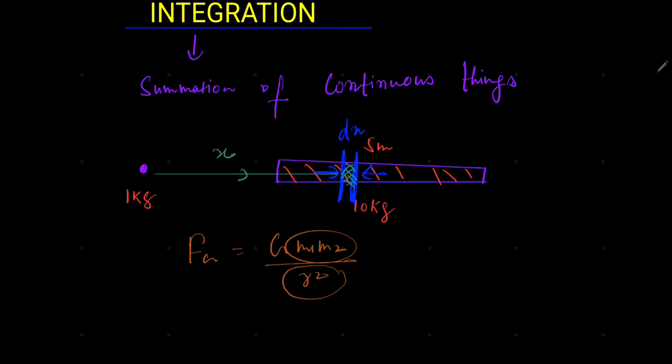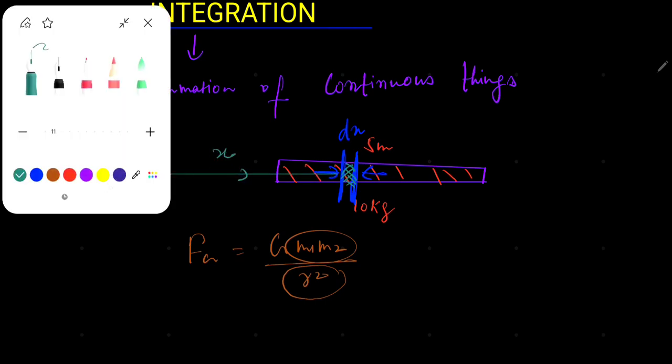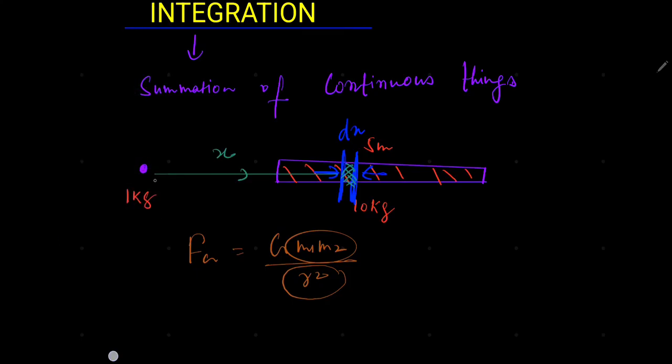So then you can confidently say that between the 1 kg mass and this dx element, whatever be its mass, let's say its mass is dm, there must be some gravitational force. Since dx is very small, you can assume it like a point mass.